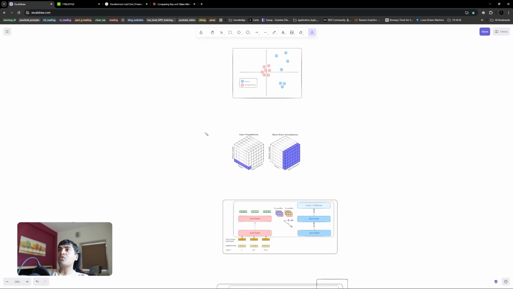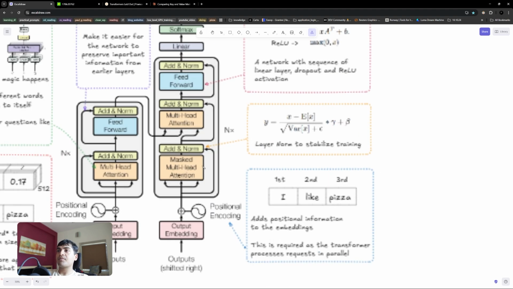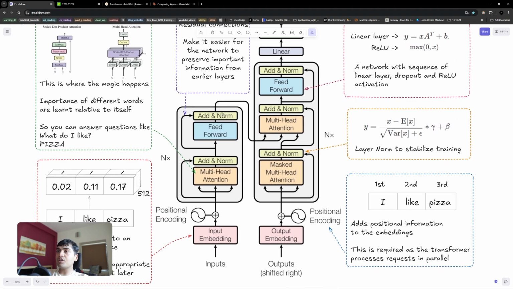If you go back to our original diagram, when you look at the decoder, the decoder takes two values from the encoder. This is our encoder, and it gives the decoder two values: the key matrix and the value matrix.